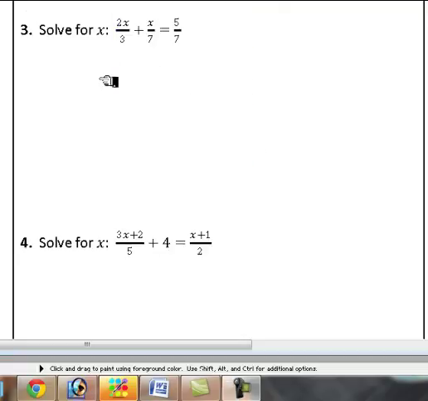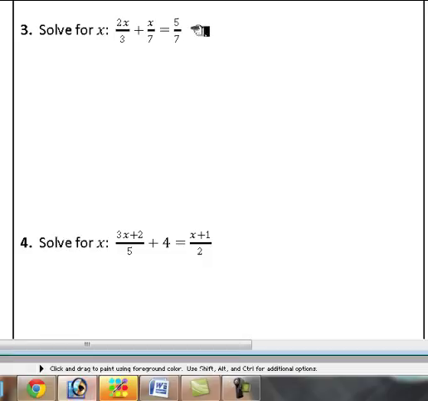In number 3, we have a linear equation, and we have some coefficients that are fractions. The denominators are 3 and 7. So we want to multiply by a number that 7 divides into and 3 divides into. That way we'll clear out the fractions. The smallest number that both 7 and 3 divide into evenly is 21.